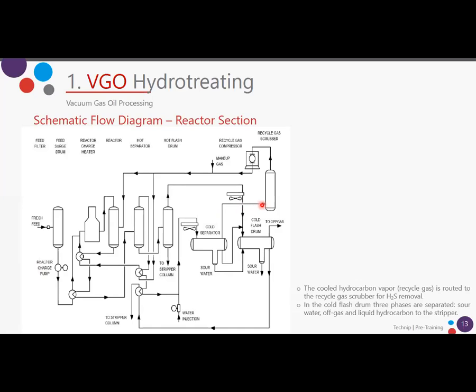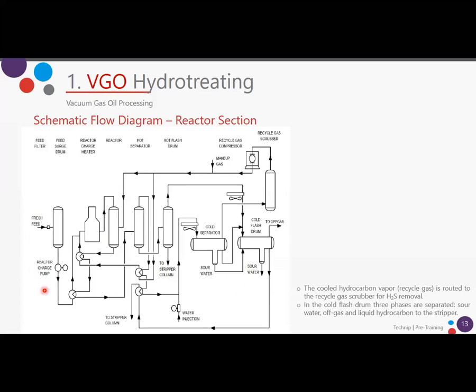In this case, you don't want to send back here H2S, so you have this scrubber here to remove the sulfur in this stream. In the cold flash drum, three phases are separated: the sour water that we already talked about, off gas, and liquid hydrocarbon that will go to the stripper. Okay, that we will see in the next slide.